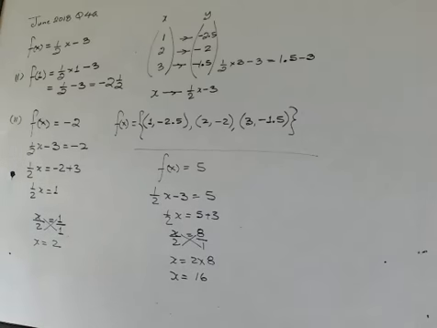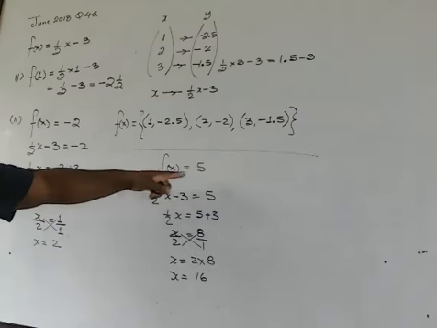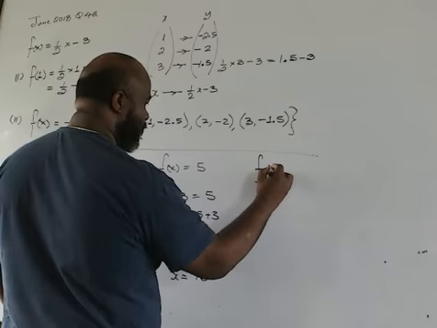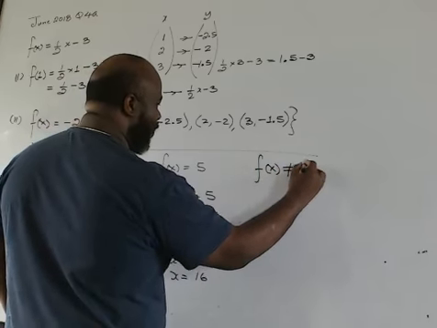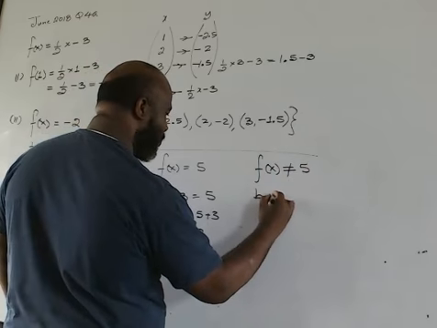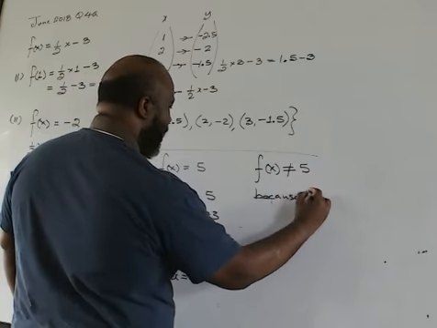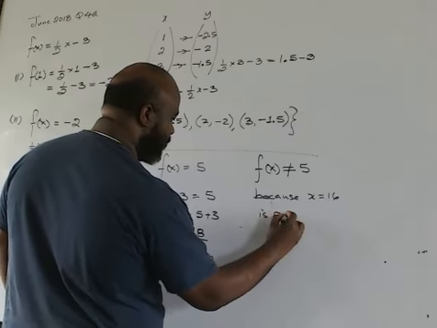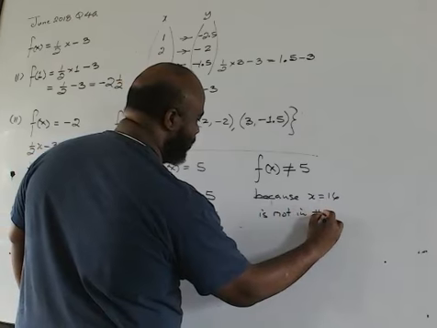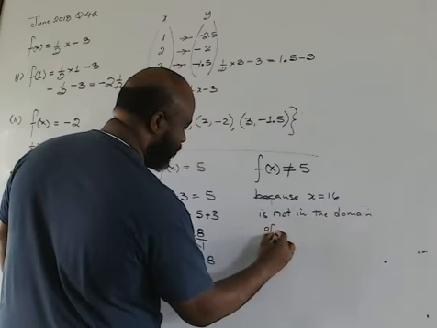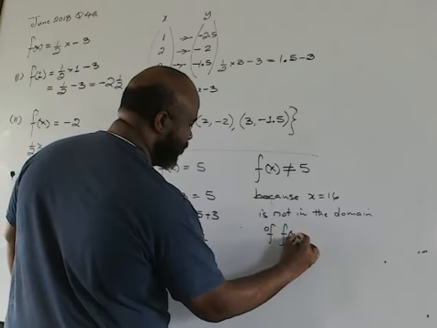So can I tell you why f of x cannot be equal to 5? F of x is not equal to 5 because x is equal to 16, which is not in the domain of f of x.